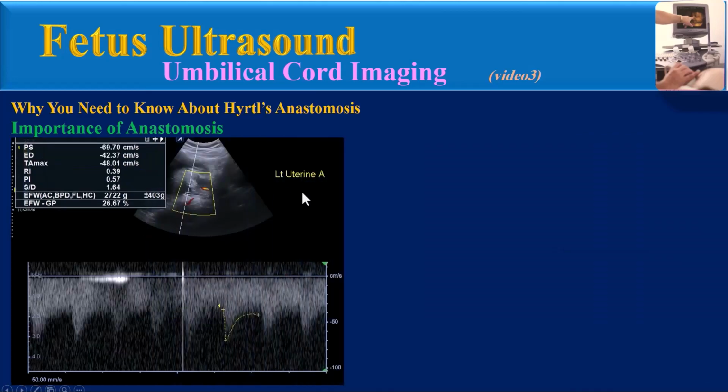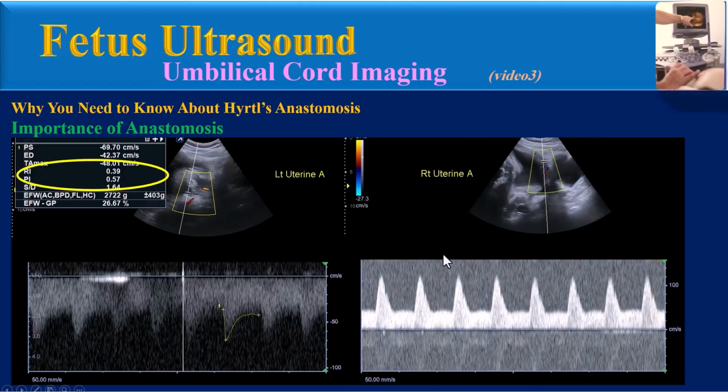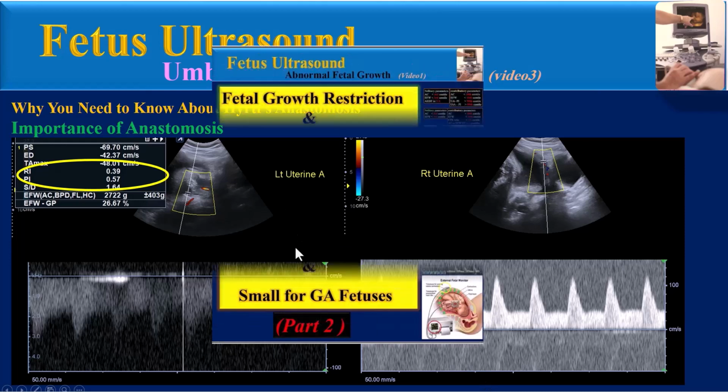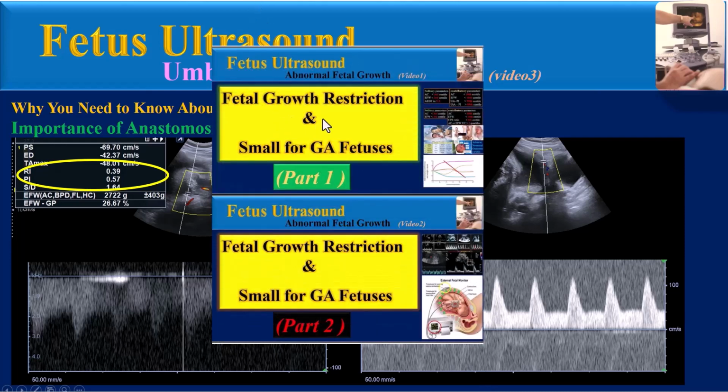In the left uterine artery, we found low resistance high diastolic flow. But as you can see in this image, we found in the right uterine artery an abnormal high resistance low diastolic blood flow. You can find full explanation about fetal growth restriction and small for gestational age fetuses in these videos.